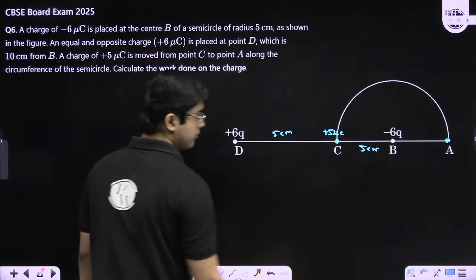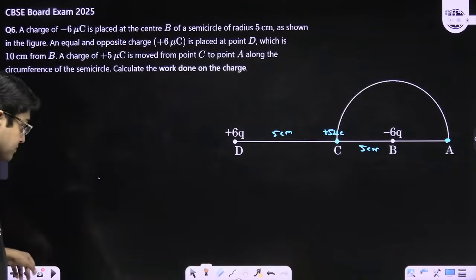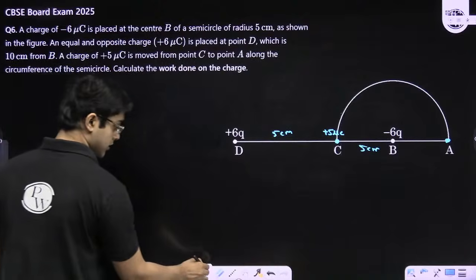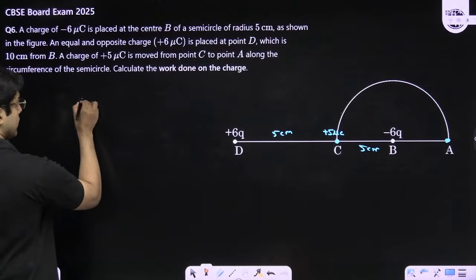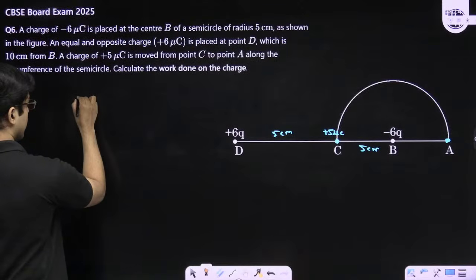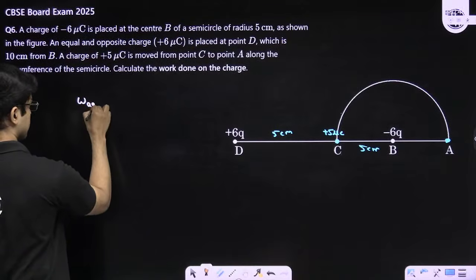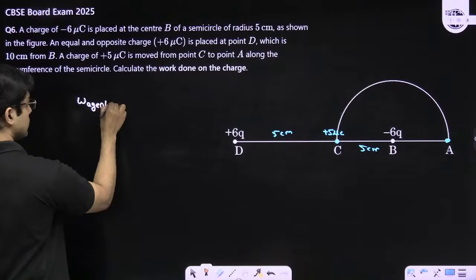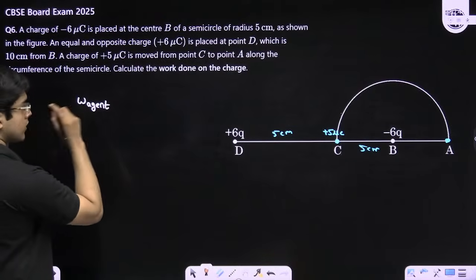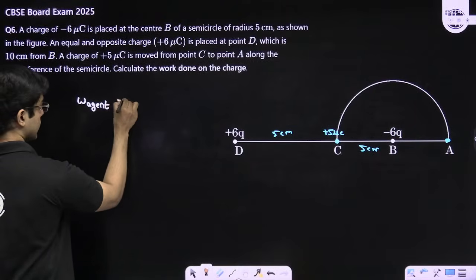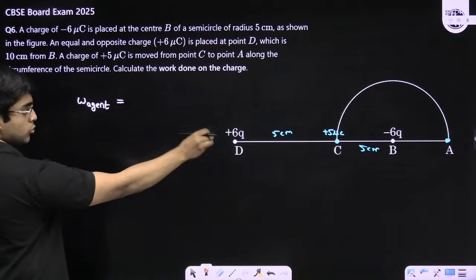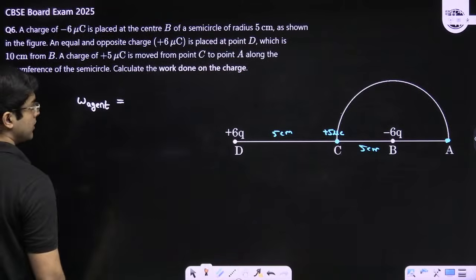Here we can use the relation we discussed a while ago. The work done by the agent is what is asked in the question: what is the work done to move that charge from C to A?